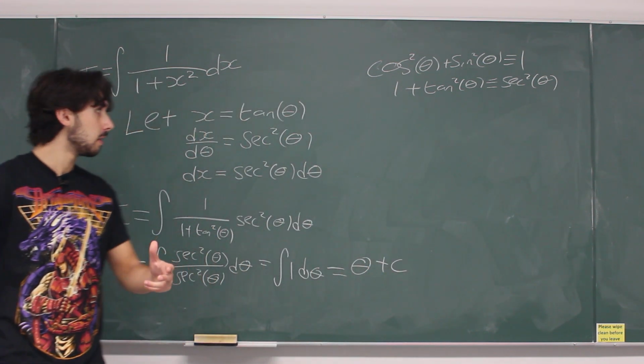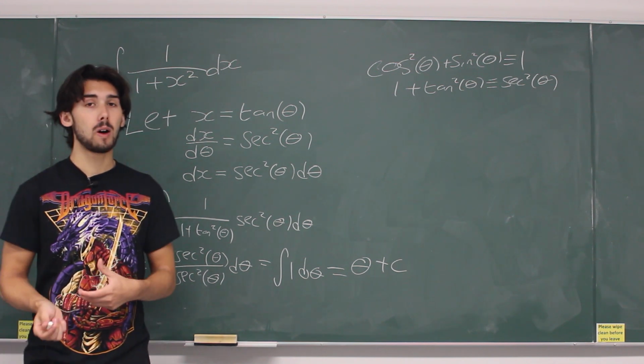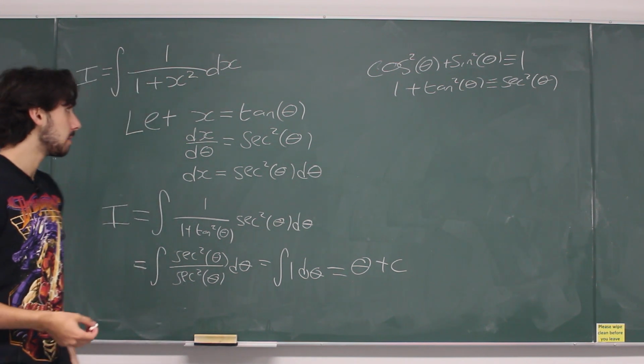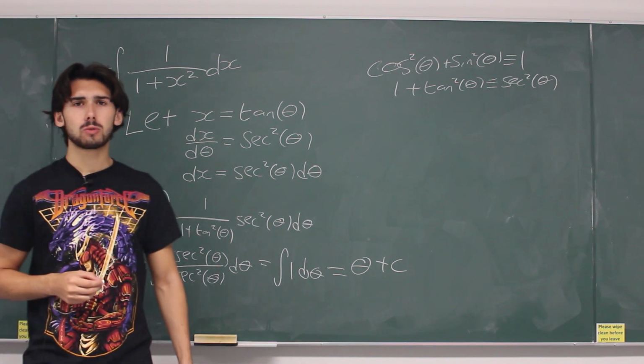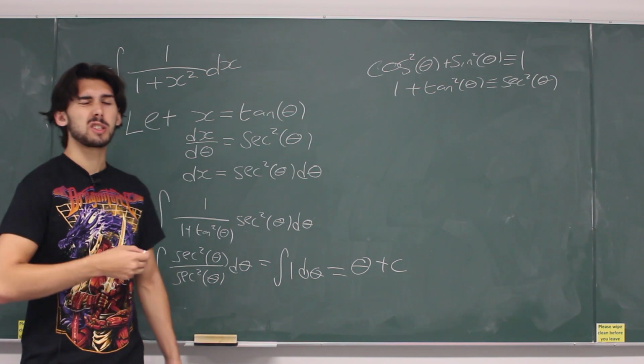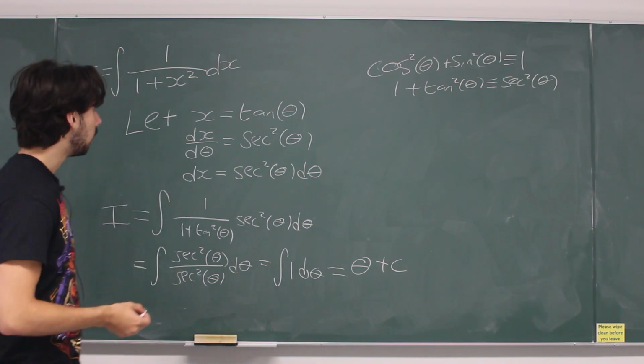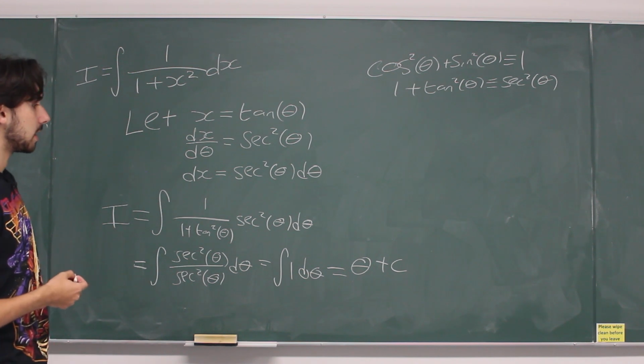The final step is that we need to replace theta with what it is in terms of x, okay? Because if someone said to you, hey, what's the integral of 1 over 1 plus x squared? And you said, oh, it's just theta plus c, they'd go, what on earth are you talking about, mate? What is theta? Well, we're going to replace theta with what it is in terms of x.